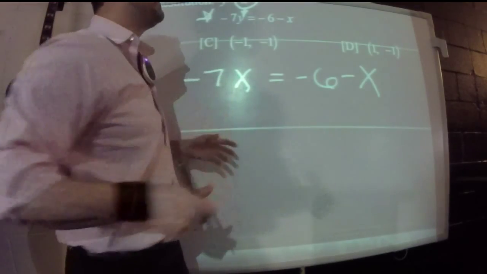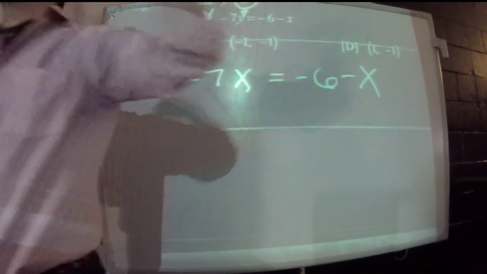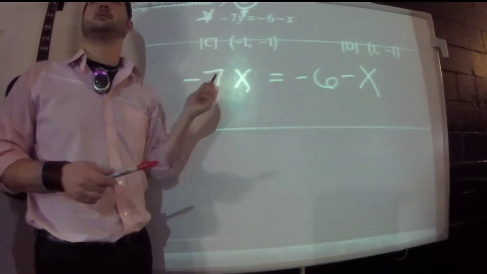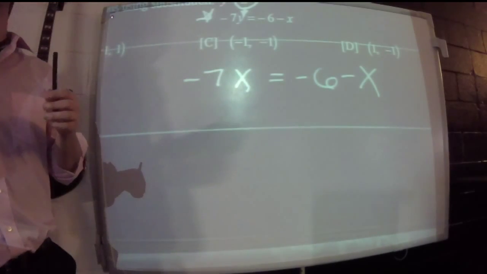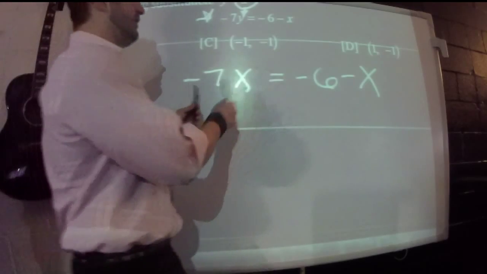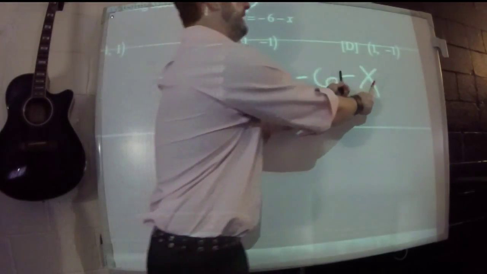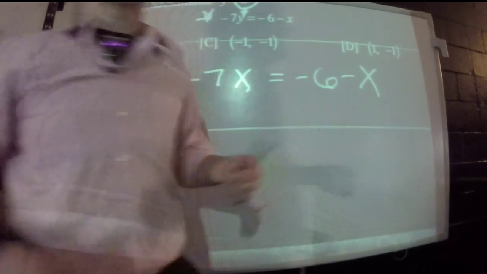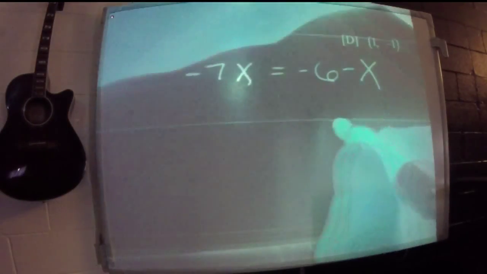I have negative 7x here and negative x here. What do you want to do about that? Thoughts, ideas, what do you got? x's on both sides. Minus the one on the right, or plus it. Plus the one on the right, right? So if you're going, okay, here's an x piece, and here's an x piece, let's kill this one by adding it. So you're going to put plus x.